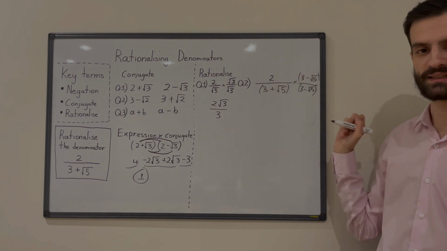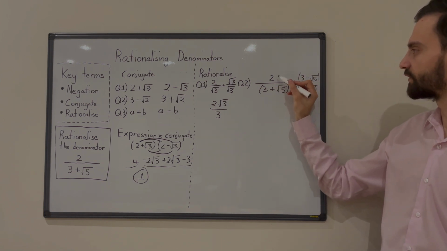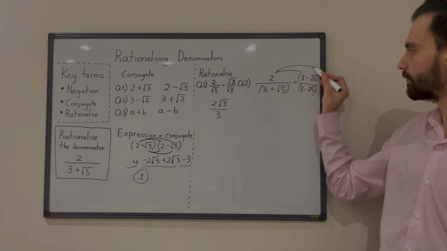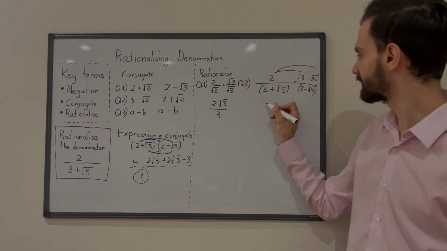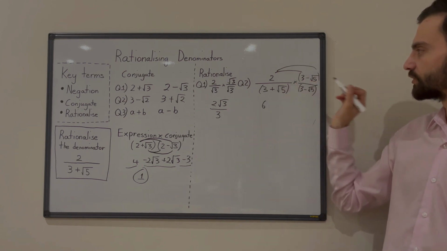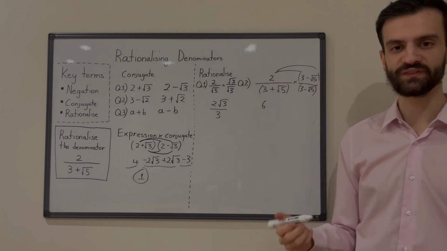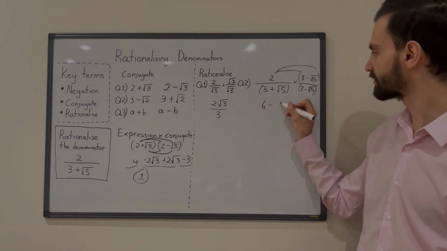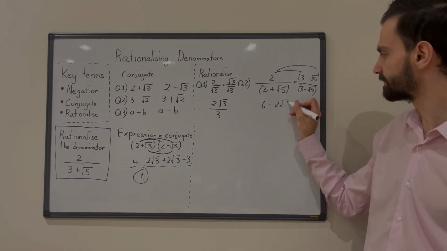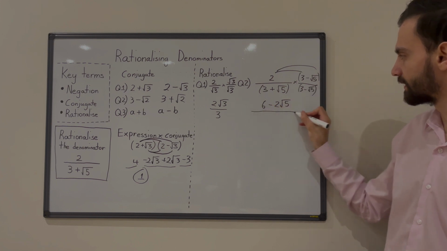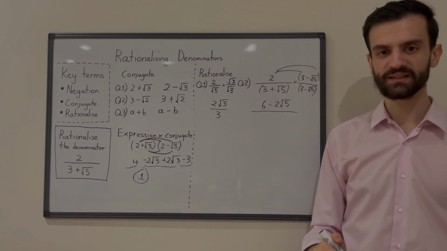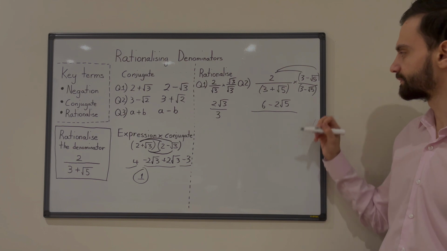And multiply this out. We have 2 multiplied by 3, which is 6. 2 multiplied by minus square root 5, which is minus 2 square root 5. And now we're going to do the same thing for our denominator.